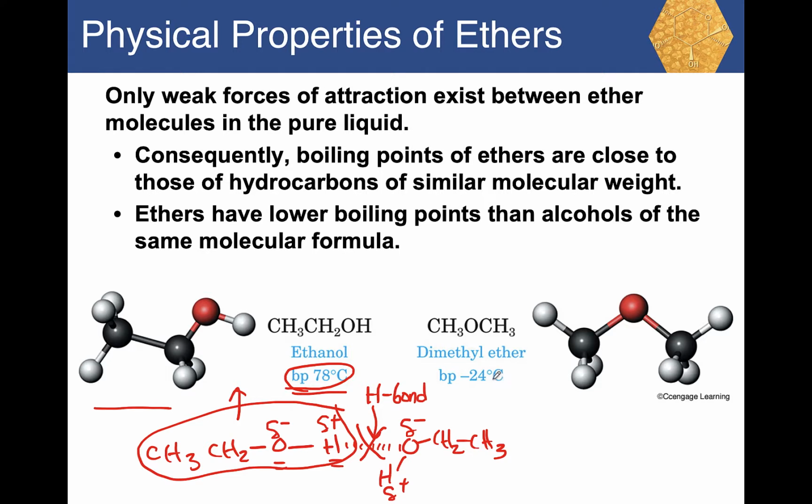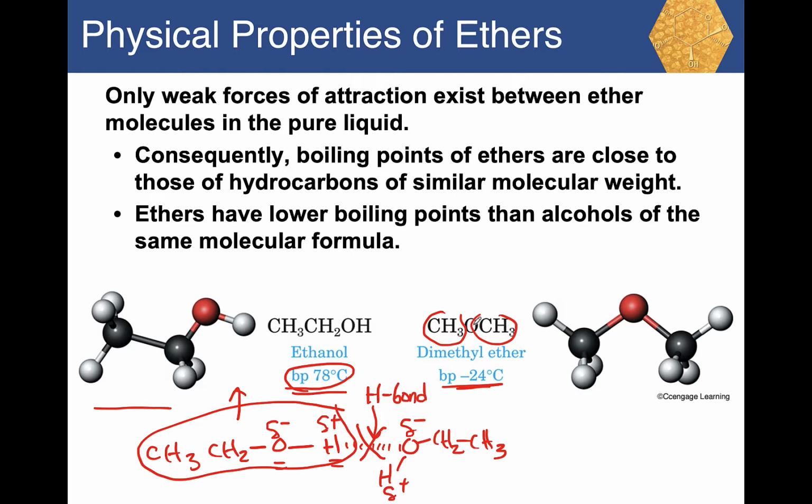As we have discussed, the interaction that exists for dimethyl ether is pretty weak. So therefore the boiling point is pretty low, minus 24. Note again, these two molecules have the same molecular weight.